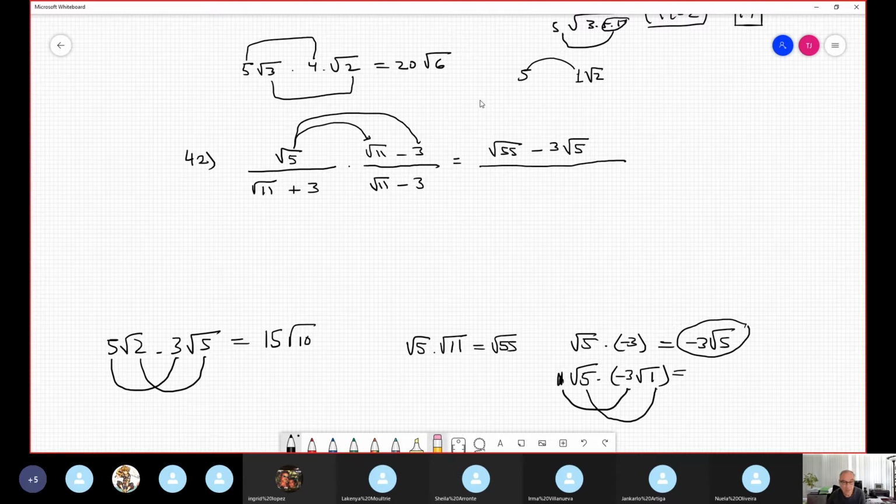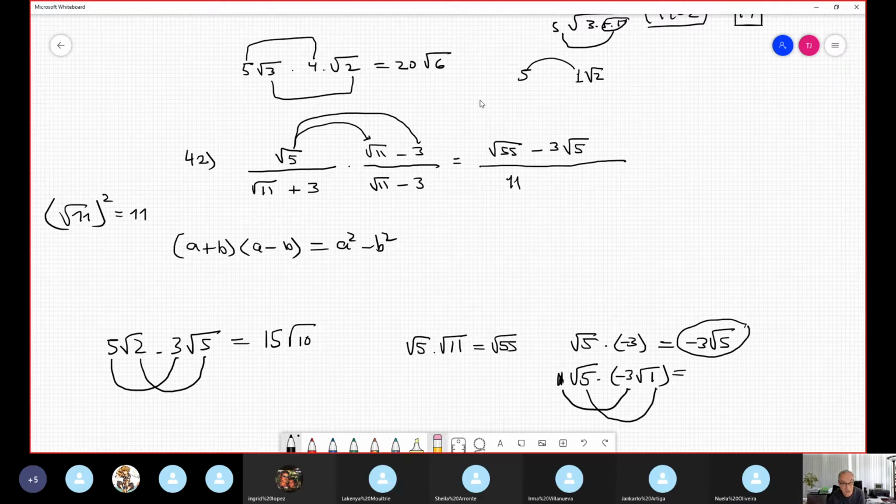And the bottom is super easy. Square the first. Remember the formula, a plus b times a minus b is equal to a squared minus b squared, or FOIL. In this case, square the first is 11, because I know that the square of the square root of 11 is just 11, because a square power and a square root cancel out each other.